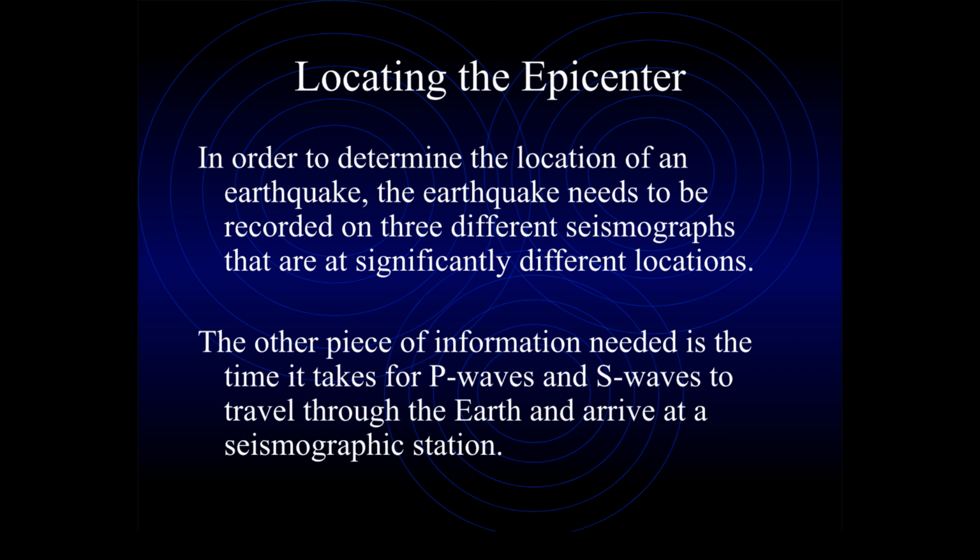We see how strong they are, how long it takes to get to the seismograph, and then the amount of time in between those waves. We get all that information together. We put it on a map. We use 3 different stations at 3 very different locations so that we can triangulate and locate the epicenter of the earthquake, where it started from.